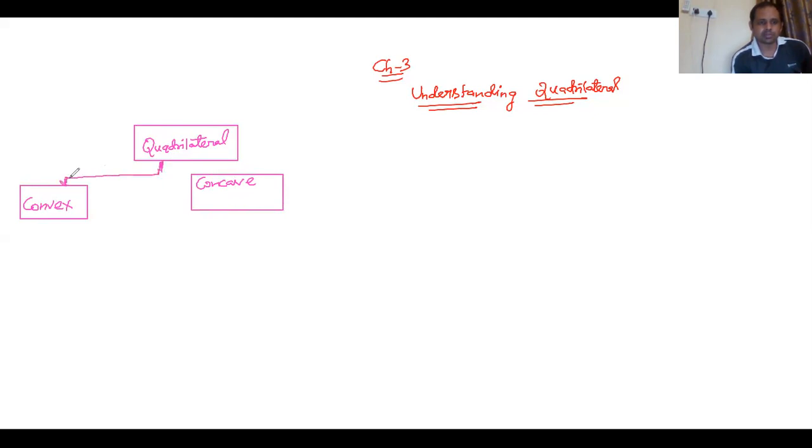One type is convex and the other type is concave.